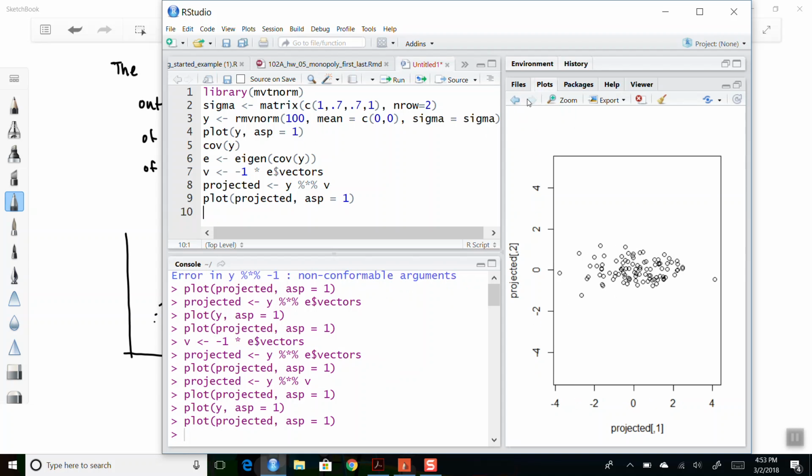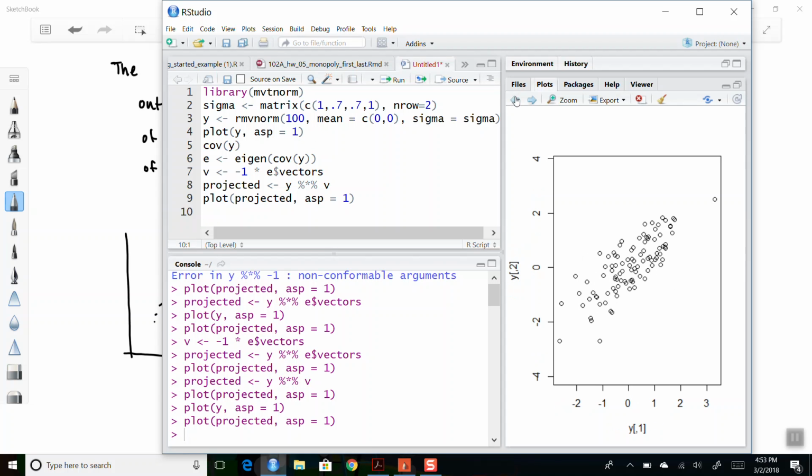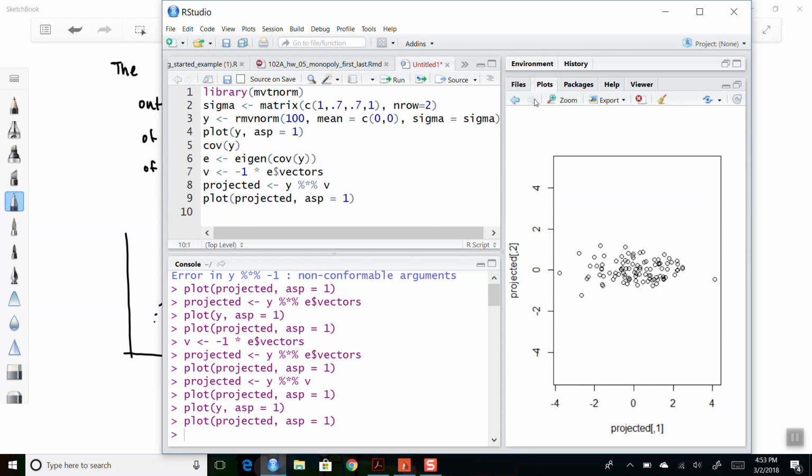This is the original, and we're just rotating the data, okay? And that's what PCA effectively is. All we're doing is rotating the data in such a way that the resulting projection maximizes the variance that we see. In this case, we're projecting from 2 dimensions to 2 dimensions, so it's a pure rotation.